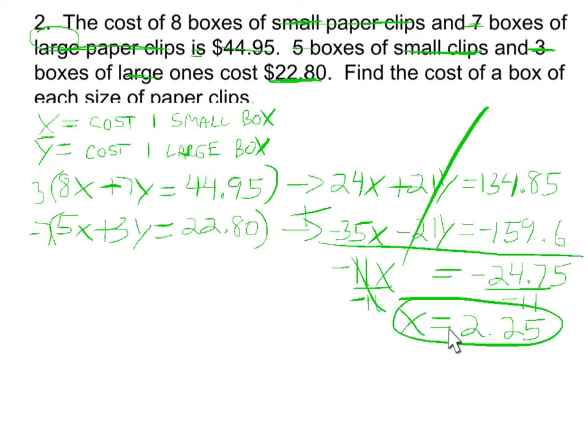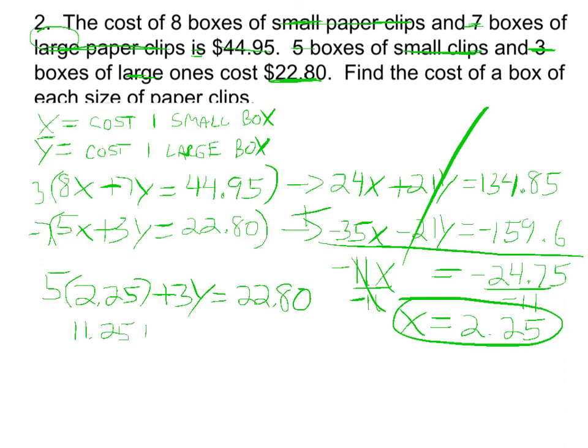I'm going to take this X and plug it into this second equation. So it's going to be 5 times X, which I figured out is 2.25, plus 3Y equals the 22.80. 5 times 2.25 gives me 11.25 plus 3y equals 22.8.